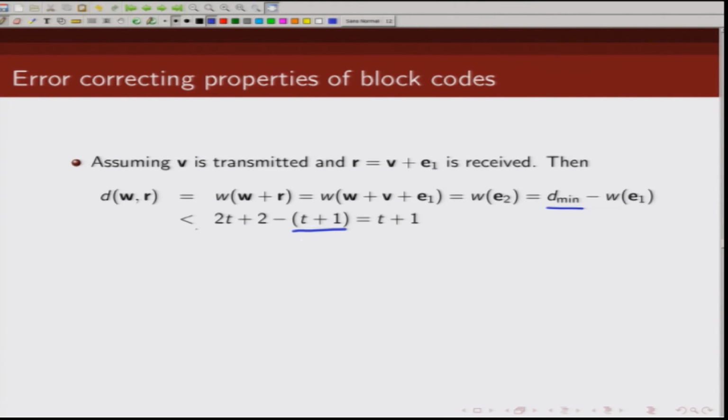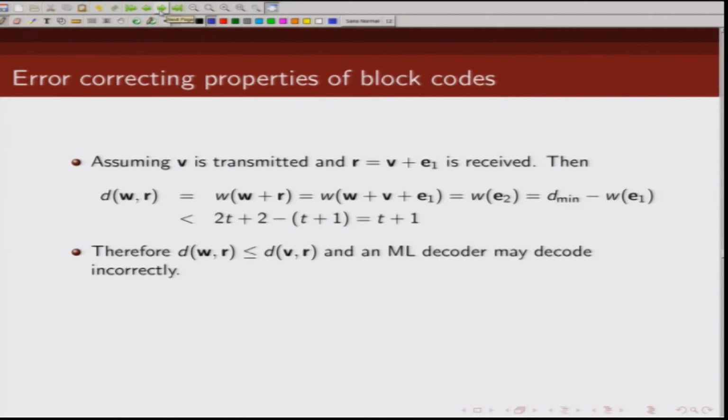So, the weight of E2 will be less than 2t plus 2 minus t plus 1, which is t plus 1. So, the Hamming distance between w and R is less than t plus 1. And what is the Hamming distance between v and R?